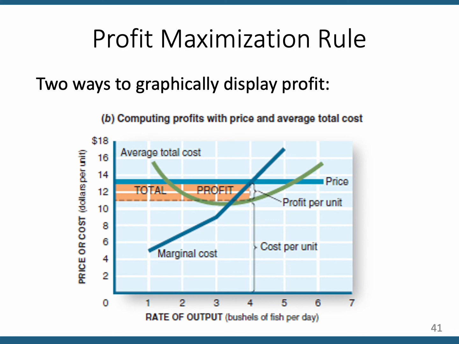So if your price is $13 and your average total cost is $11, then that's $2 per unit times 4 units. That's $8 of total profit. Use the equation. Profit equals the quantity, price minus average total cost, 2, times quantity, 4. 2 times 4 is 8. $8 is total profit.